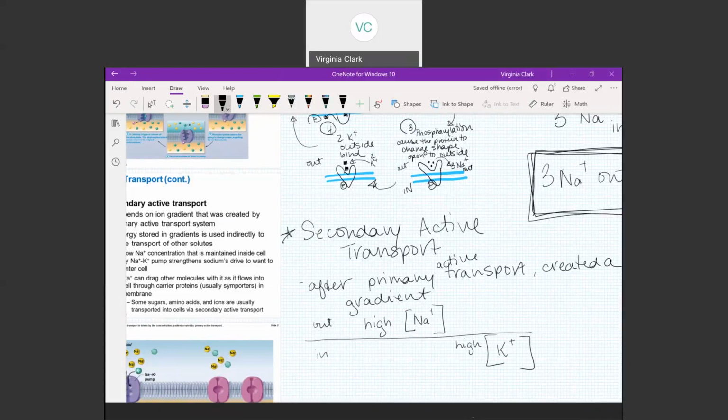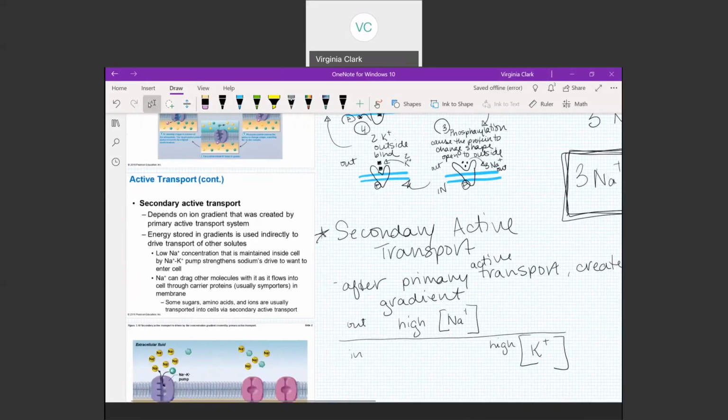With secondary active transport, essentially after primary active transport, things will be moved by their concentration gradient. Sodium will drag other molecules with it as it flows into the cell. So we've created this active transport gradient, high sodium out.